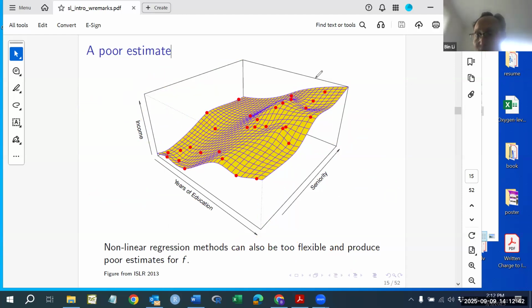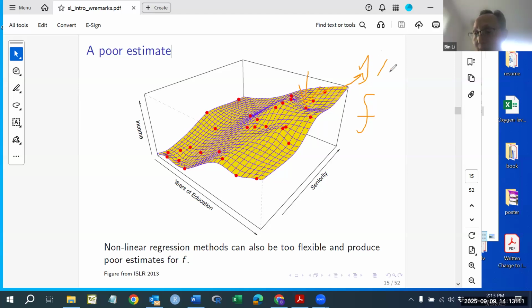So that's why if we have a model that perfectly passes through all the data points, that's not a good sign. First of all, that's not a good sign. Why? Because now the model is estimating what? Estimating the y or estimating the f? If the model perfectly passes through all the data points, the model itself is not estimating f, but estimating y.